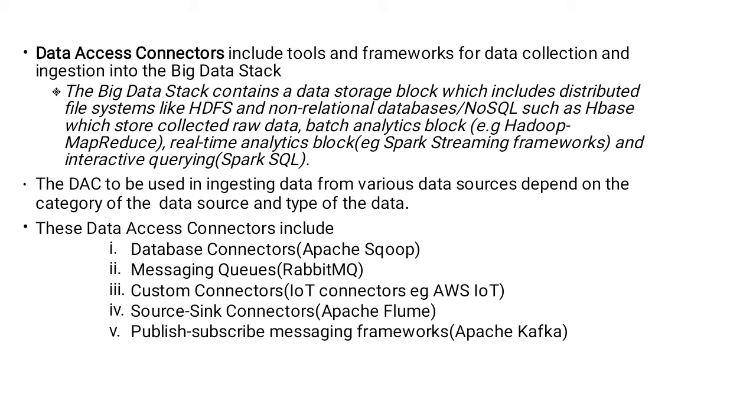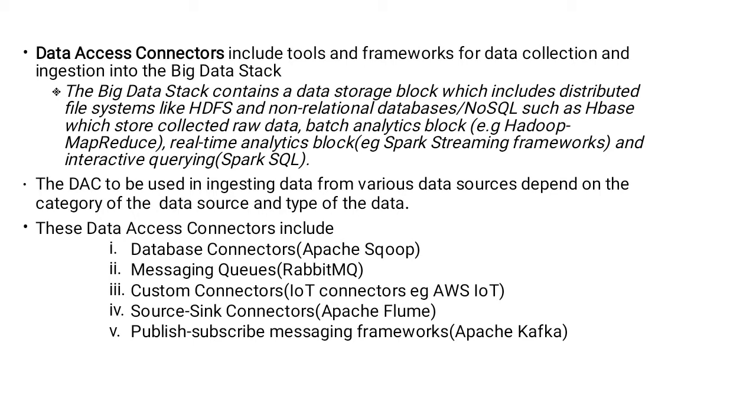It also contains batch analytics block like Hadoop or MapReduce, real-time analytics block like Spark streaming frameworks, and interactive querying like Spark SQL. The data access connectors to be used in ingesting data from the various data sources depend on the category of the data source and type of data.